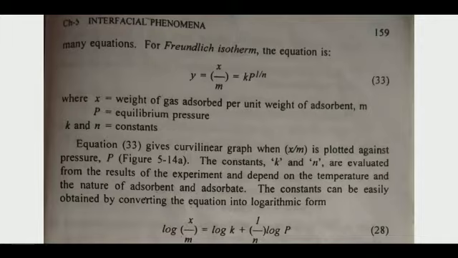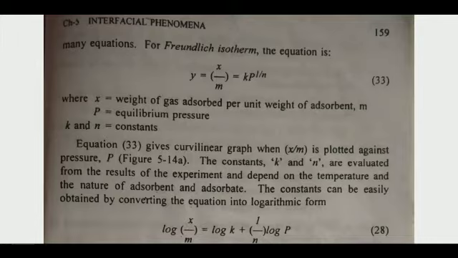The constants k and n can be easily measured by converting the above equation into logarithmic form. Applying the log to the Freundlich isotherm equation, it is converted into log x by m is equal to log k plus 1 by n into log p.